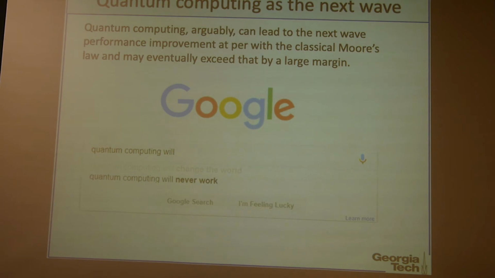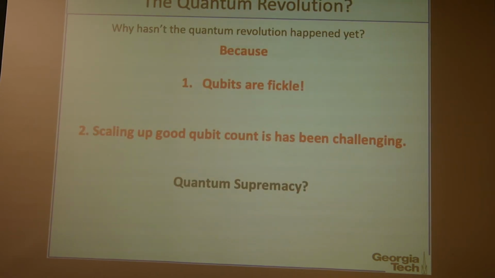You can also see that we started talking about quantum computing around the 1990s, right? It has been 25 years, so why don't we have quantum computers in our cell phones? That's because there are some fundamental challenges. And the fundamental challenge is that qubits are very hard to deal with.